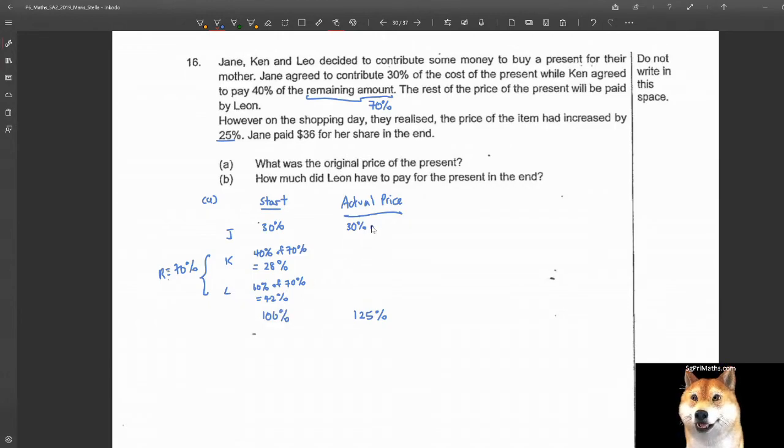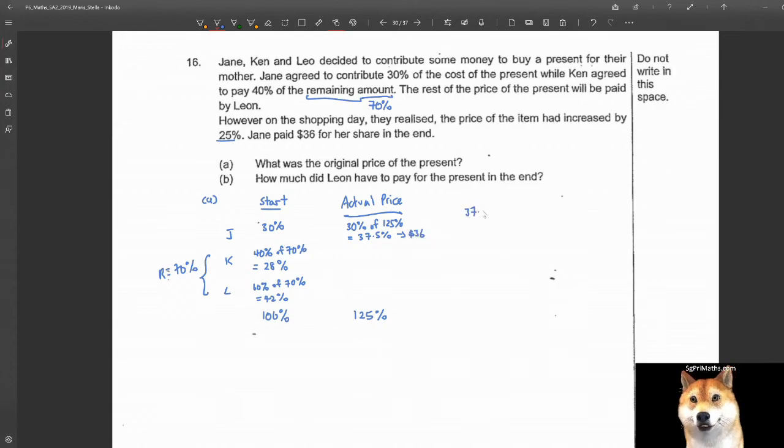So it's 30% of 125%, the due price. So Jane actually paid 37.5% of the starting price, and this equals $36.